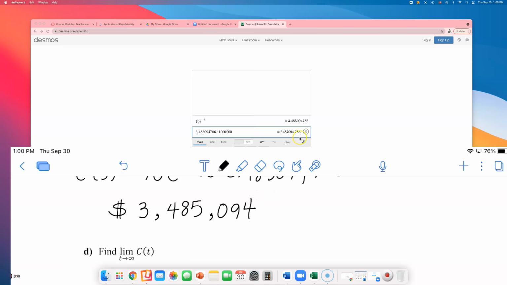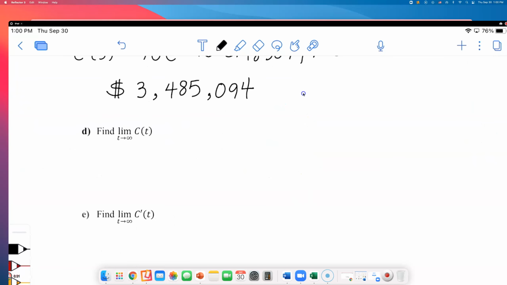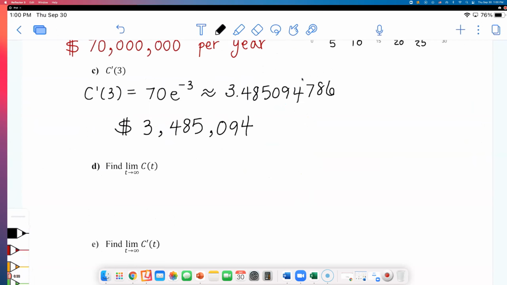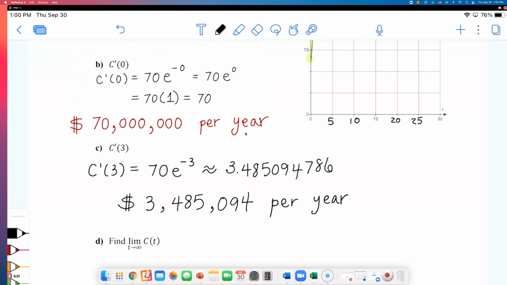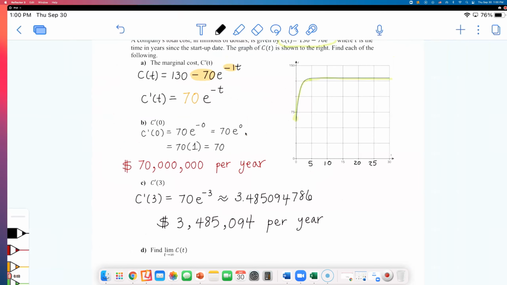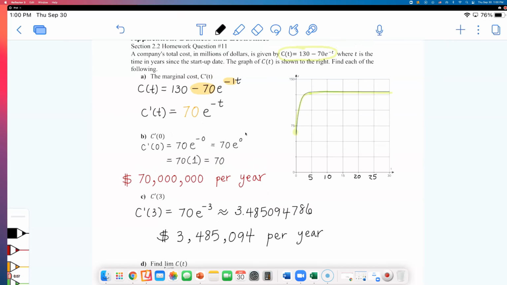It's 79 cents, but I can say the marginal cost at year 3 is about 3,485,094 dollars per year. Compared to 70 million dollars, this is less, right? But still, the marginal cost is positive, which means the cost to run this company is going up at year 3.